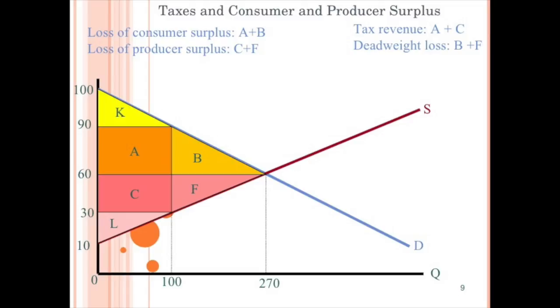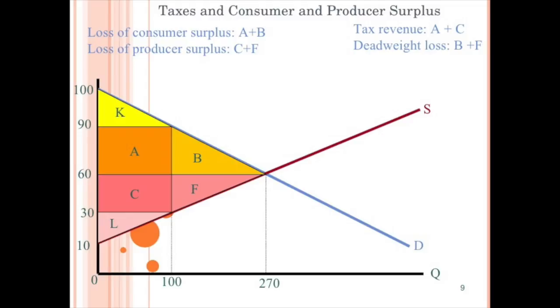And now the producer surplus is only equal to area L, the area above the supply curve and below the seller's price. The quantity sold falls from 270 to 100 in this case, and the government collects tax revenue equal to the area A and C, as you can see in the right-hand corner of this graph.